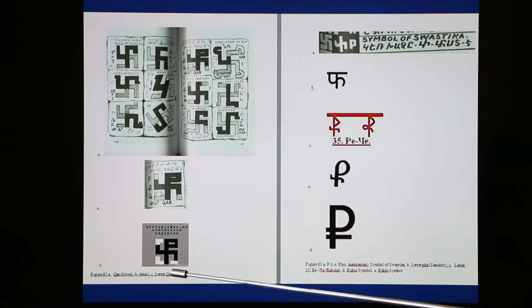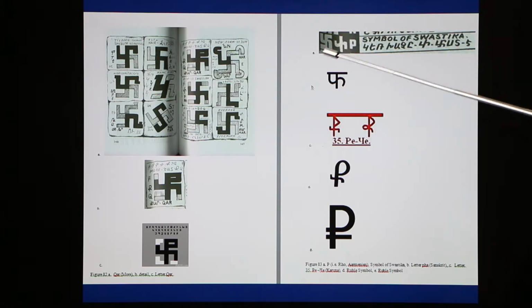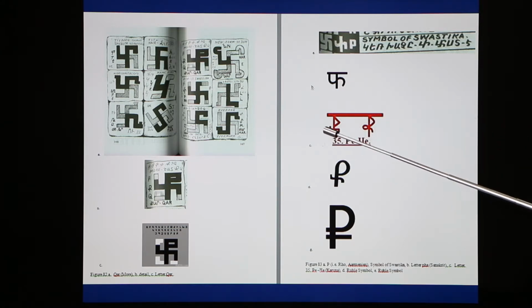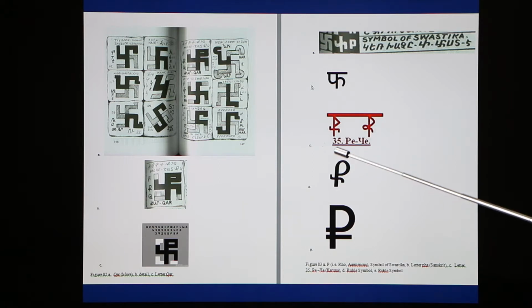Here you see it in another version. Here you see that it links with the symbol of the swastika, which is your letter Pa or Fa in Sanskrit, and it links with the letter Pe in that early Russian thing, and it links with these 2 symbols, which are early symbols of the ruble.